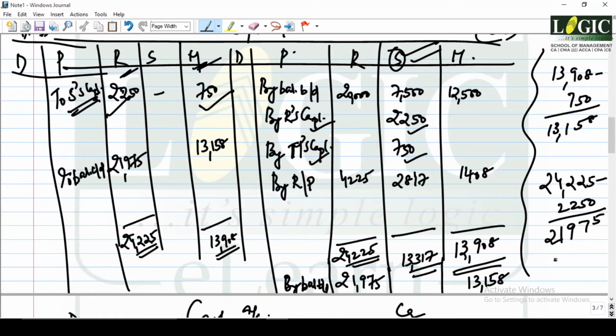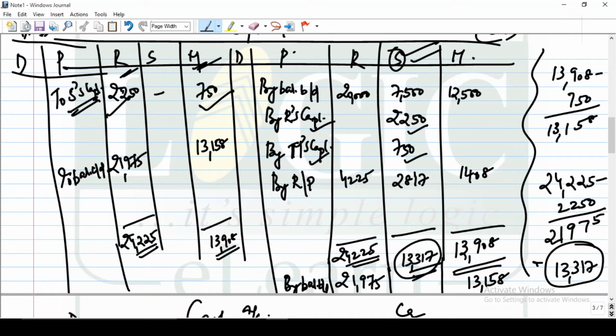So totally he is eligible to receive 13,317. Now what was the mode of settlement? How was he paid? He was paid like this: 5,000 immediately in cash and the remaining 8,317 to his loan account, that is, he was given in installments.